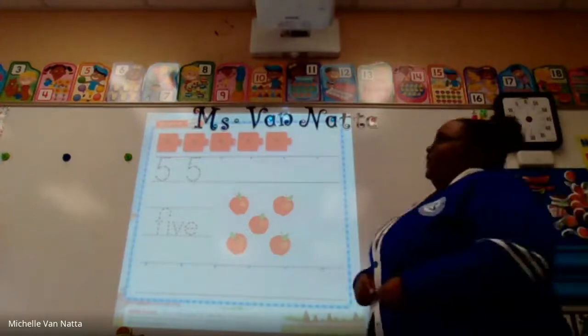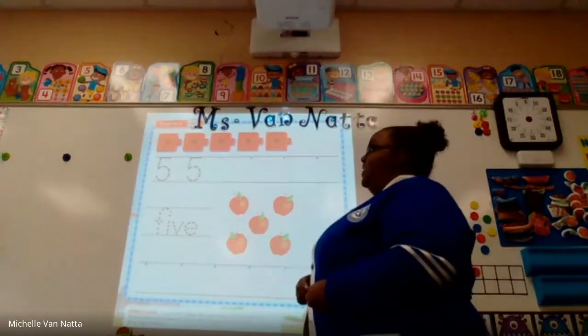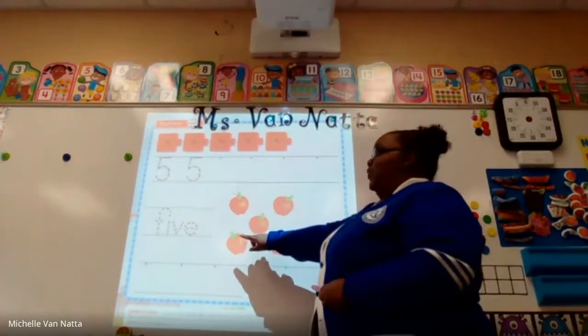All right, here we go. We are going to learn how to write 5. We're going to write it as a number, and we're going to write it as a word, okay?